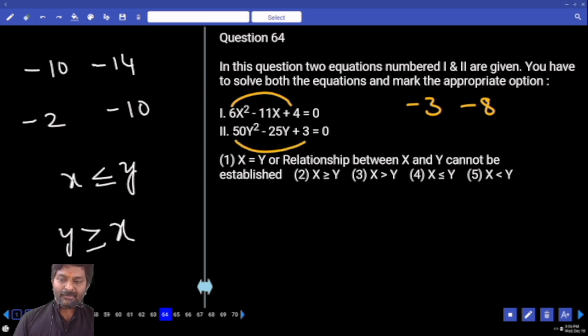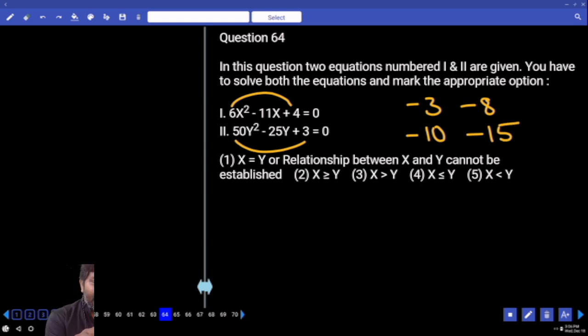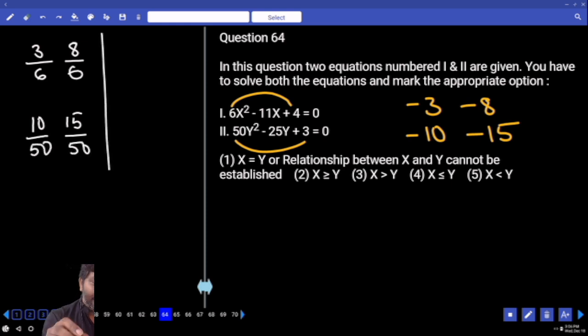Product must be 150, minus 10, minus 15 is the combination, correct? Then factors are 3, 8, yes, 10, 15, 50, correct?